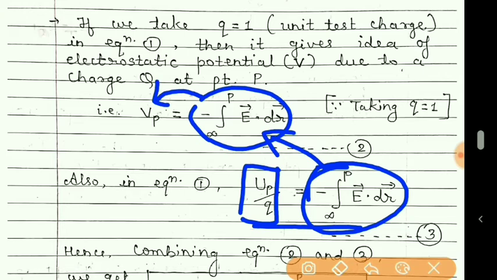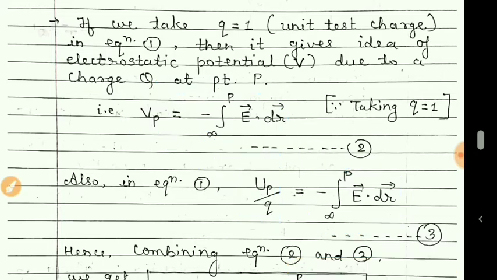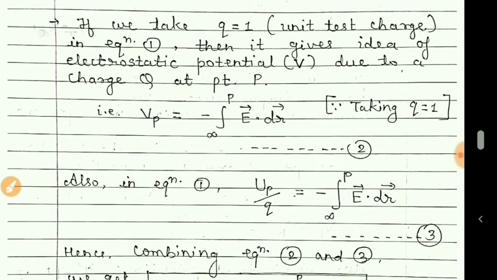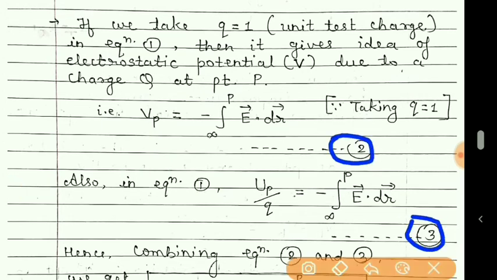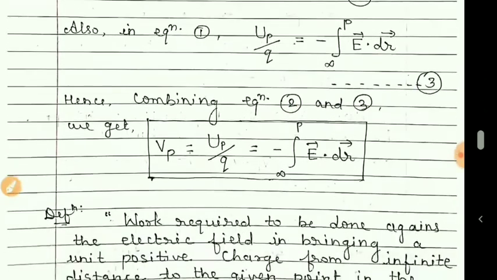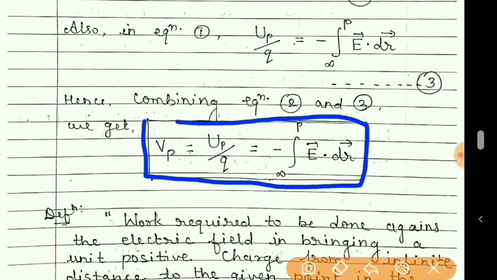So we can say that one more formula for potential at point P is UP upon Q. Simply we can combine equation number 2 and 3 to get this final result, that Vp is equal to UP upon Q is equal to minus integration from infinity to given point E dot dr. Once again, remember this Vp is a potential at point P.